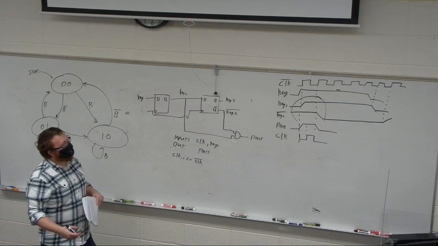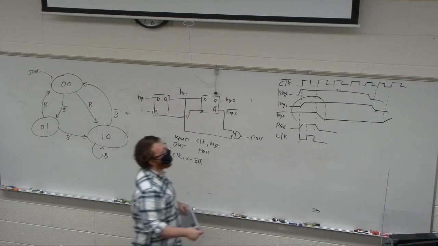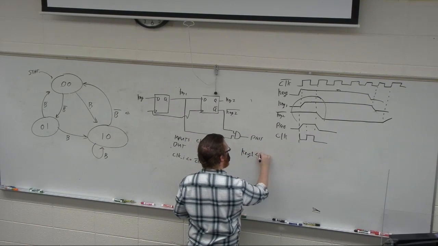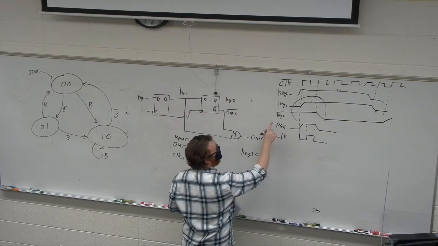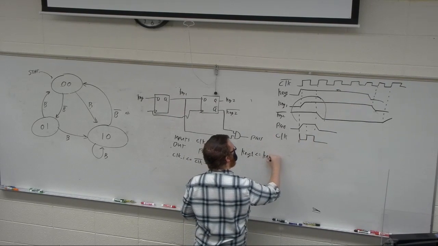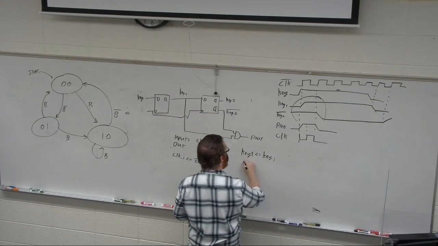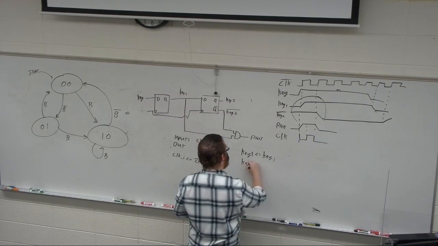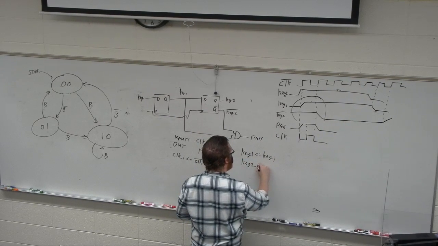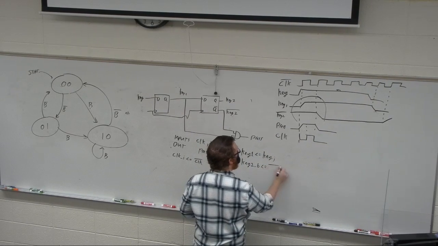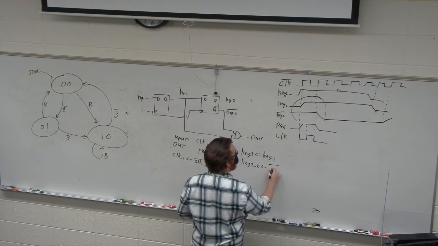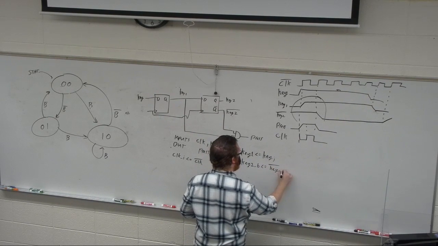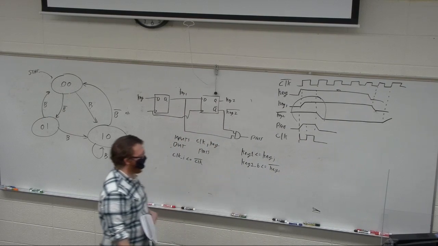And then I want to create a signal, key 1, is equal to key, and key 2 bar is equal to not key 1.